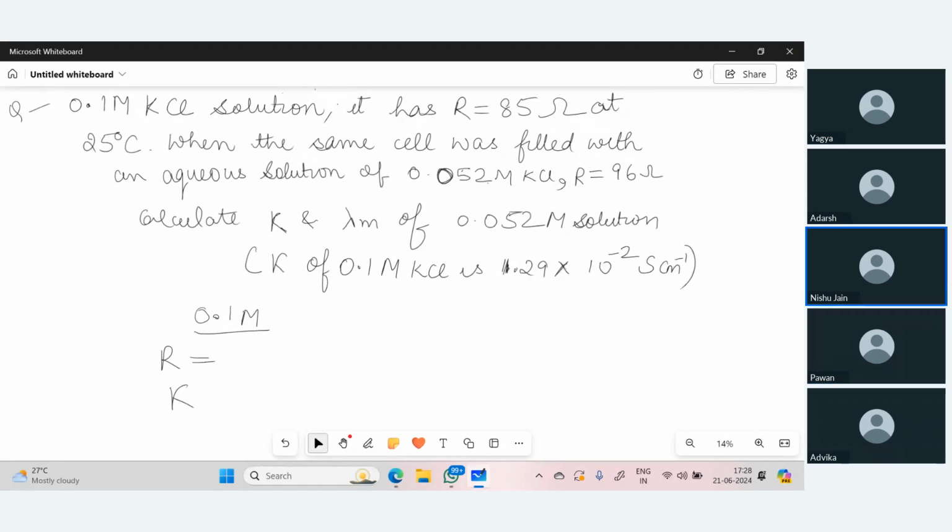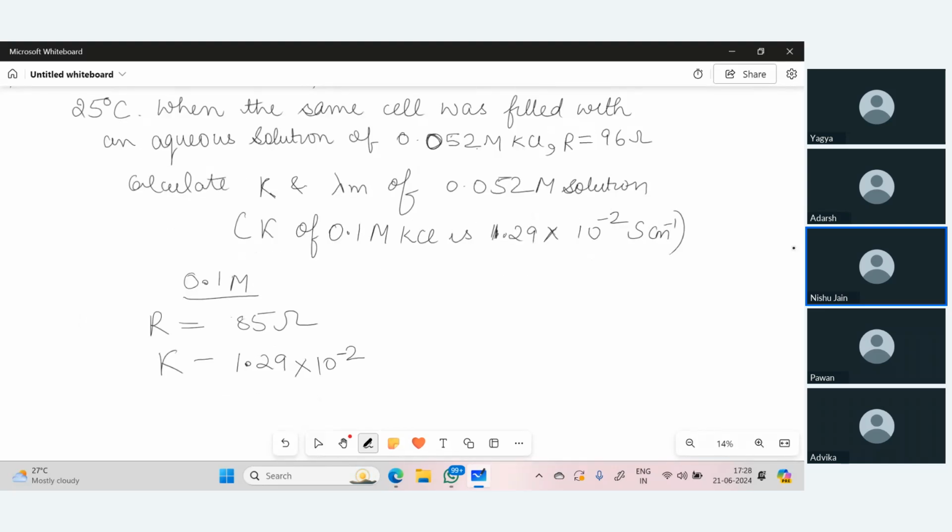What is the resistance? 85 ohms. And what is the conductivity? 1.29 into 10 to the power minus 2. Now, why are we finding G star for this? Because with this we'll have to find kappa of the second solution, because G star is common for both the solutions.